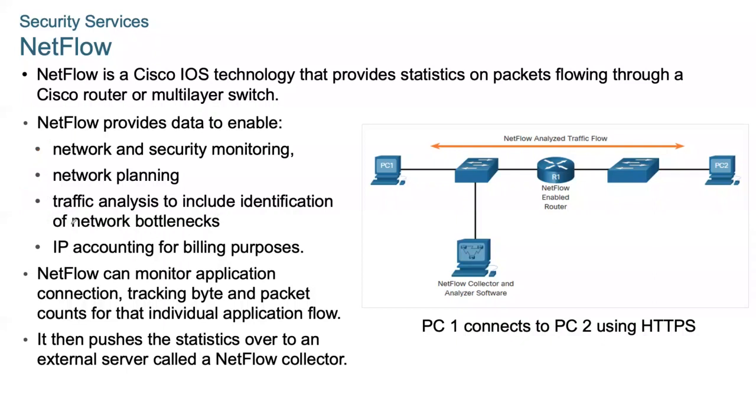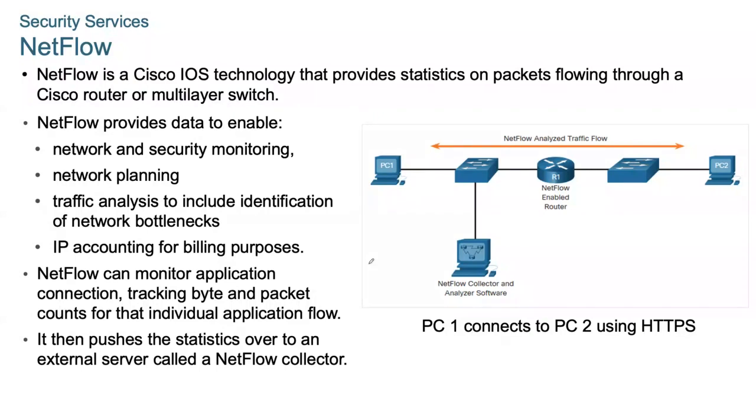And the traffic analysis, including the identification, that means what type of traffic it is. Is it HTTPS traffic? Is it FTP traffic? Is it DNS traffic? Is it any other audio streaming or video streaming traffic? And the IP accounting, as we discussed.